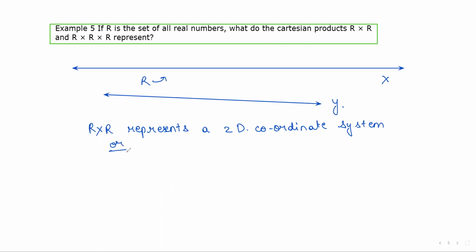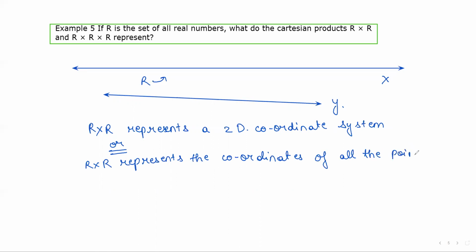Or R cross R represents the coordinates of all the points in two-dimensional space.